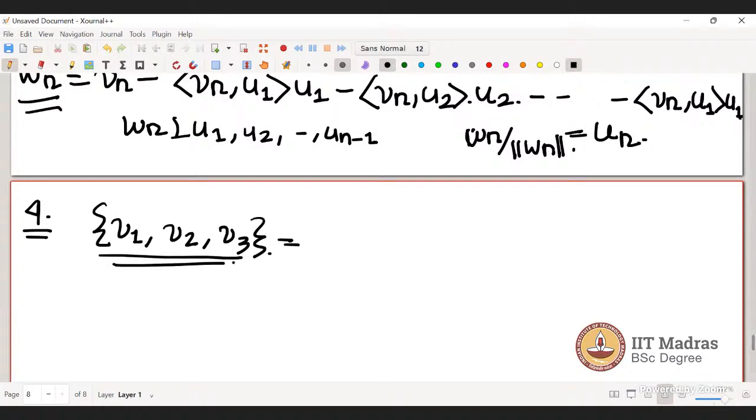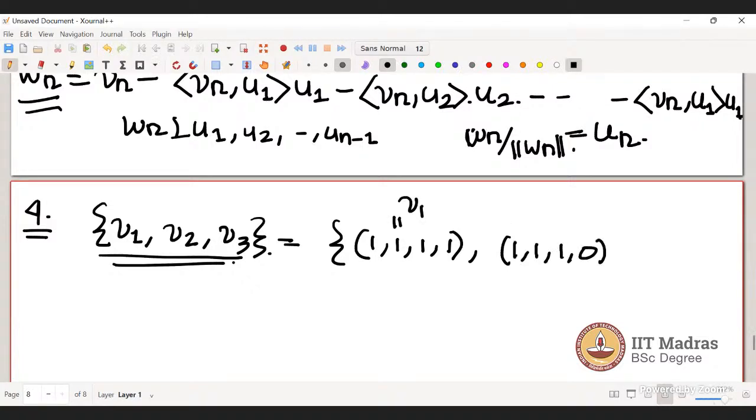V1 is 1, 1, 1, 1. V2 is 1, 1, 1, 0. And V3 is 1, 1, 0, 0.